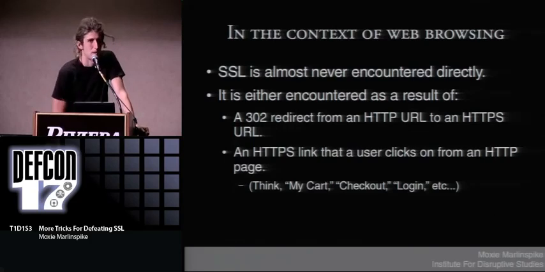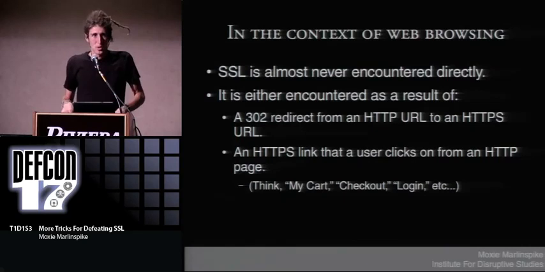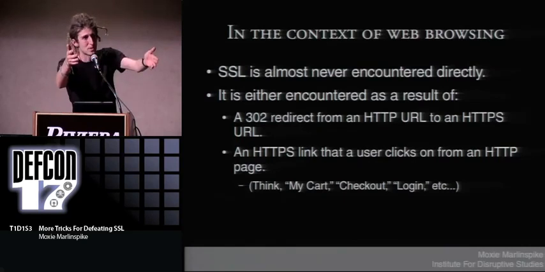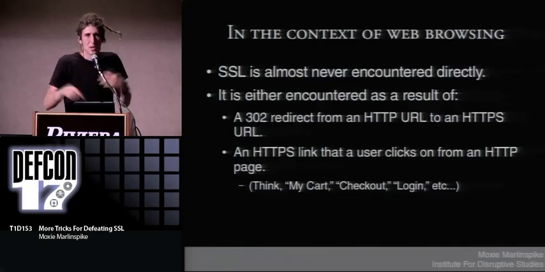And so my sort of thesis is that SSL on the web is really only encountered in one of two ways. It's either encountered as a 302 redirect from an HTTP URL. So it's either encountered by somebody typing bankofamerica.com, enter, into their URL bar, which makes an HTTP request to the server. The server responds with a 302 redirect that says, please instead connect to https://bankofamerica.com, and the browser just sort of gets upgraded to SSL.